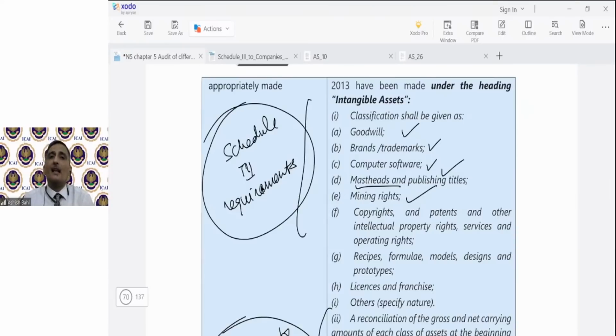So obviously, when you have to recognize something as a cost, the basic fundamental is that you have to arrive at its measurement precisely. Only then will you be able to arrive at its cost.